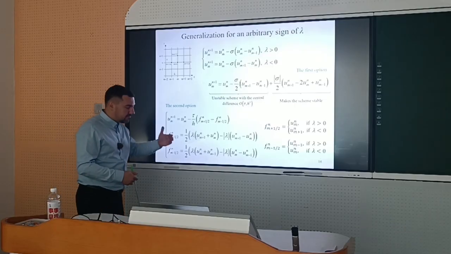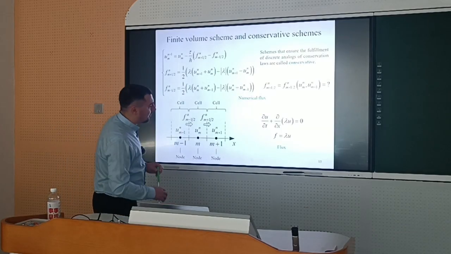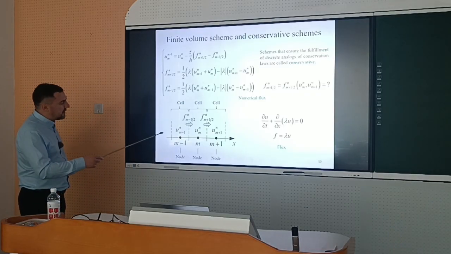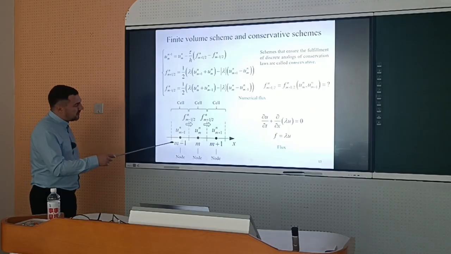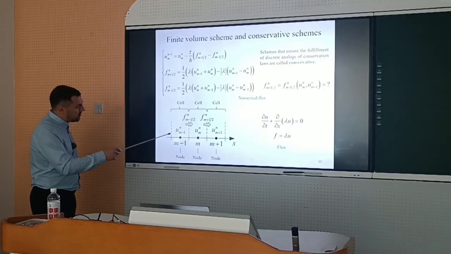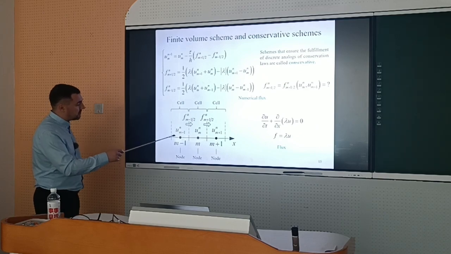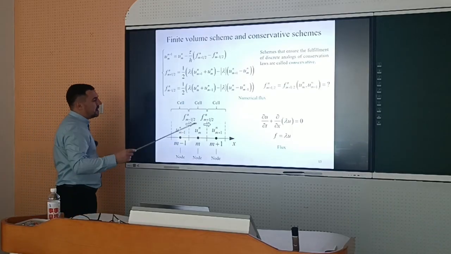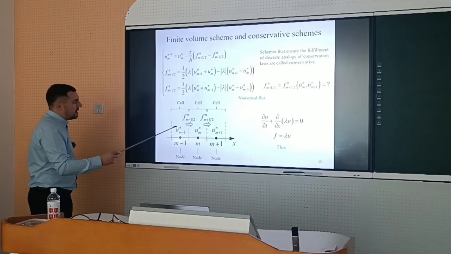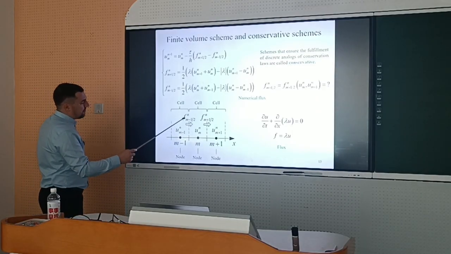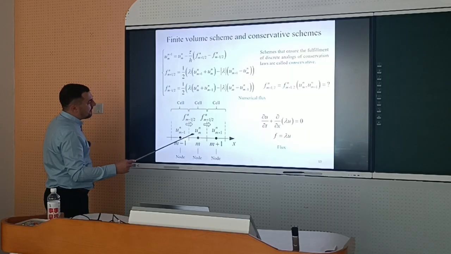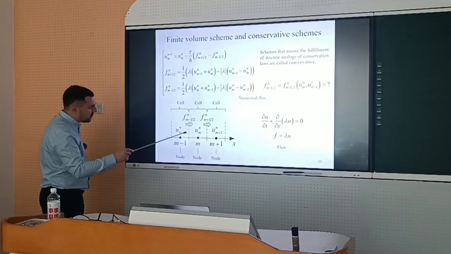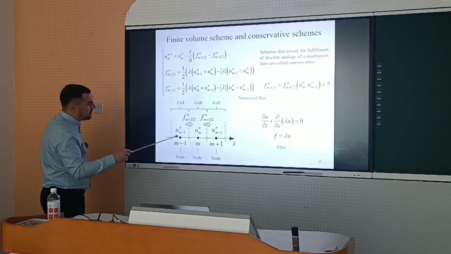But now there are very important outcomes of this generalization. Up to this moment we considered only nodes, and we had our grid function defined in these nodes, u_{m-1}, u_m, u_{m+1}. But now we introduced another concept, f, the numerical flux. And numerical flux has indices with 1/2. It means that numerical flux refers not to the center, not to a node, but to some point between nodes.